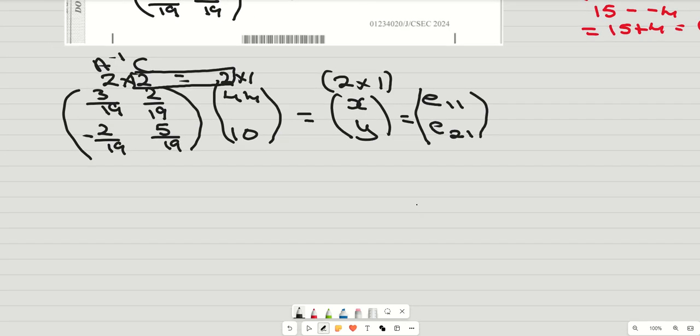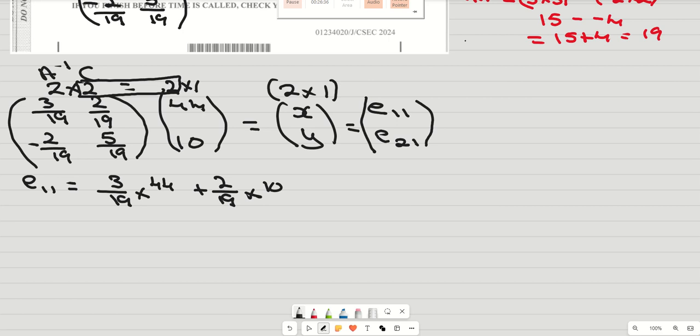So I'm just going to do it step by step. E11, which is element position 1,1, would be your first row by your first column. So it's 3 over 19 multiplied by 44, plus 2 over 19 multiplied by 10.